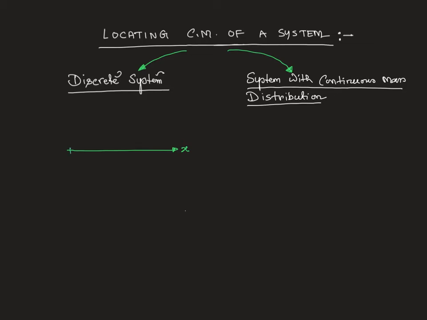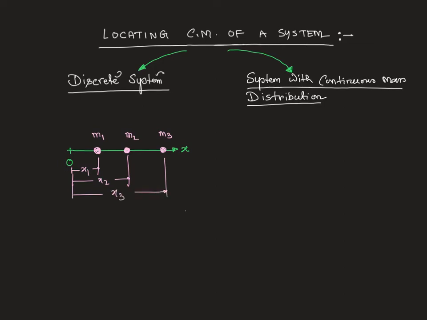This is the origin 0, and suppose you have masses. Discrete means separated point particles: this particle is m1, that is m2, that is m3, with coordinates x1, x2, and x3.